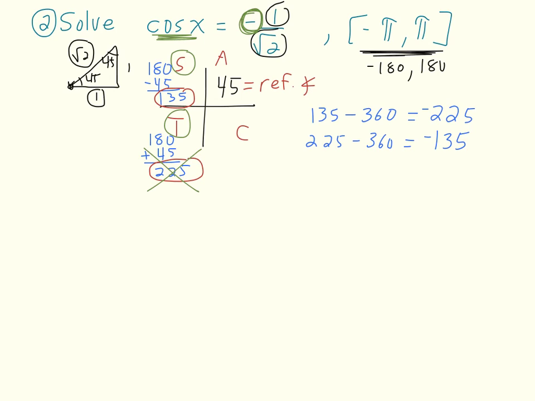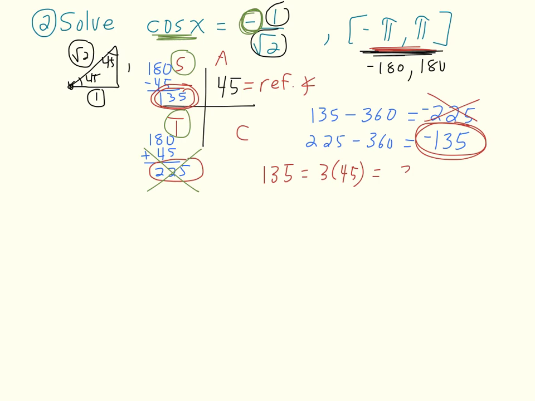All right. So we can see that this negative 225 is outside of our interval. So our only answers here are positive 135 and negative 135. But we need to make sure we do it in radians. Remember that 135 is equal to, well, think about how many 45s go into it. That's 3 45s.